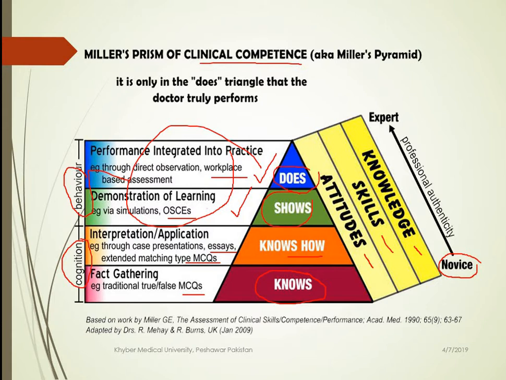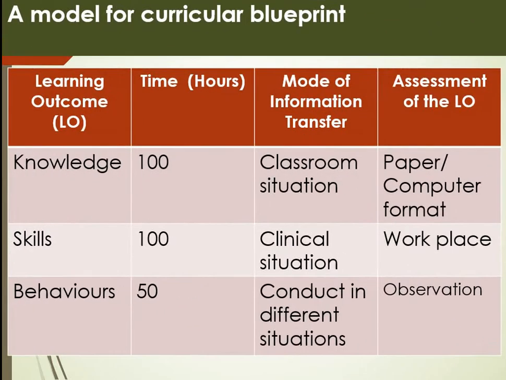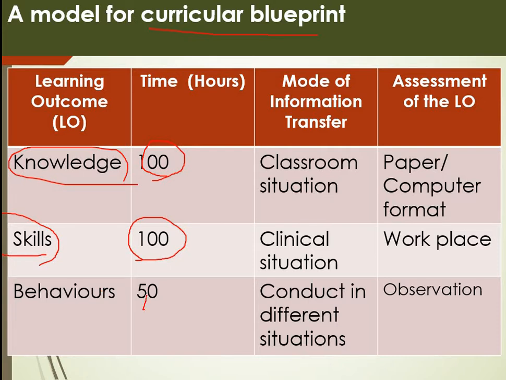Thus, what is important? Important is that our model curriculum of the Pharm D should have a cognition load of credit hours, but it must give equal importance to the skills, the psychomotor domain, and of course at least 50% of the credit hours should be given to the affective domain or behaviors, to assess the behaviors of the outgoing graduates.